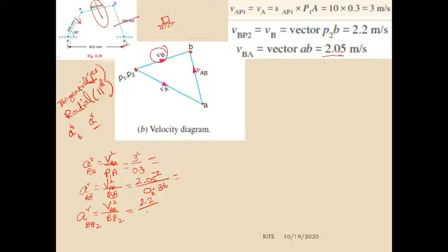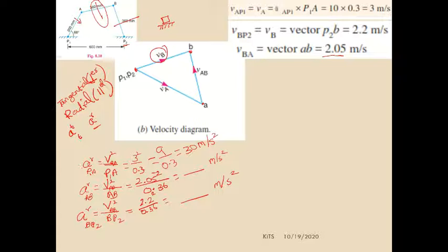Divided by the length of BP2, which is 360 mm, meaning 0.36 meter. So calculate 9 divided by 0.3. Okay, you will get, I think, 30 meter per second square. Similarly, you will get values for here. This is in meter per second square.